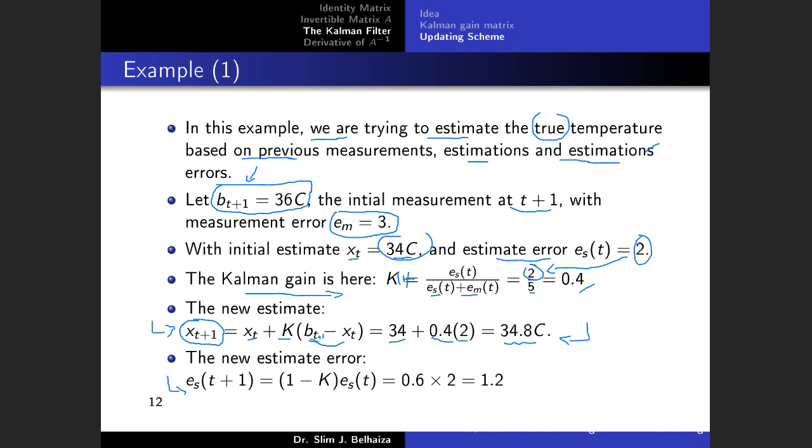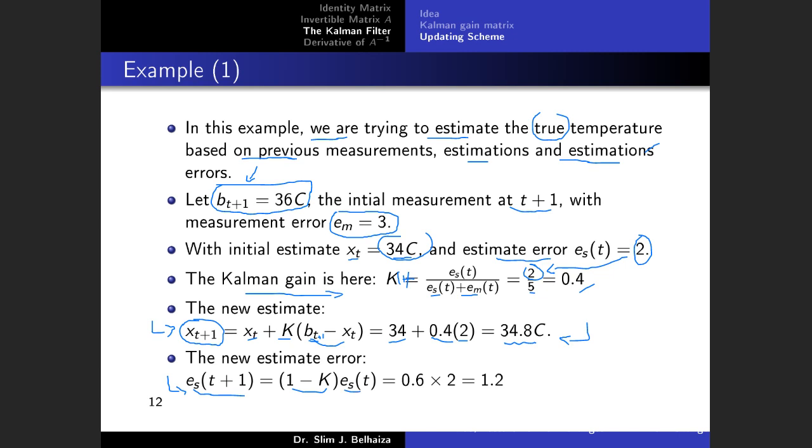Okay? So you have to update now the new estimation error. So at the end of T plus 1, it gets updated, which is equal to 1 minus the Kalman gain, or the Kalman coefficient, times the old estimation error.